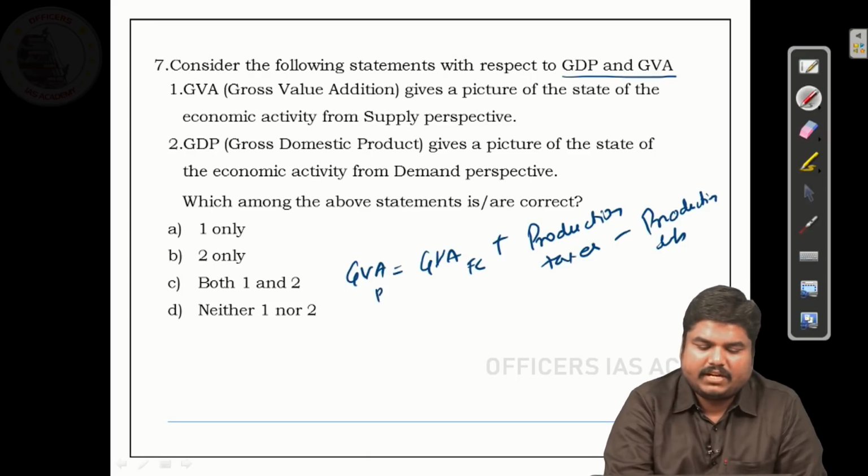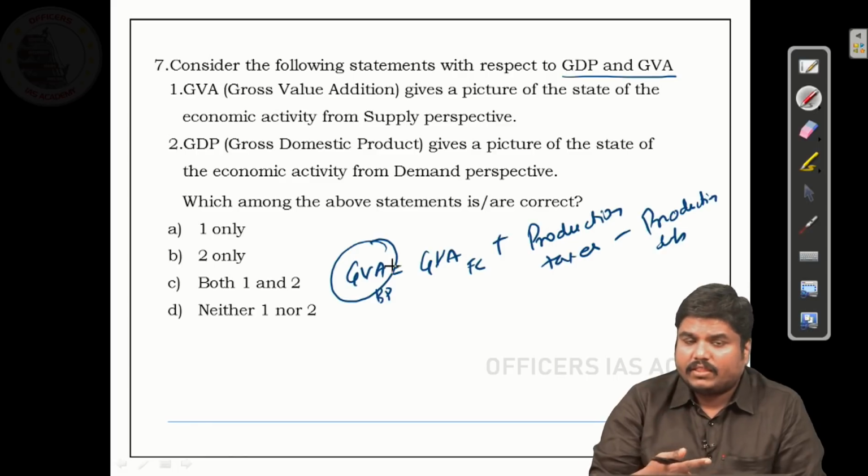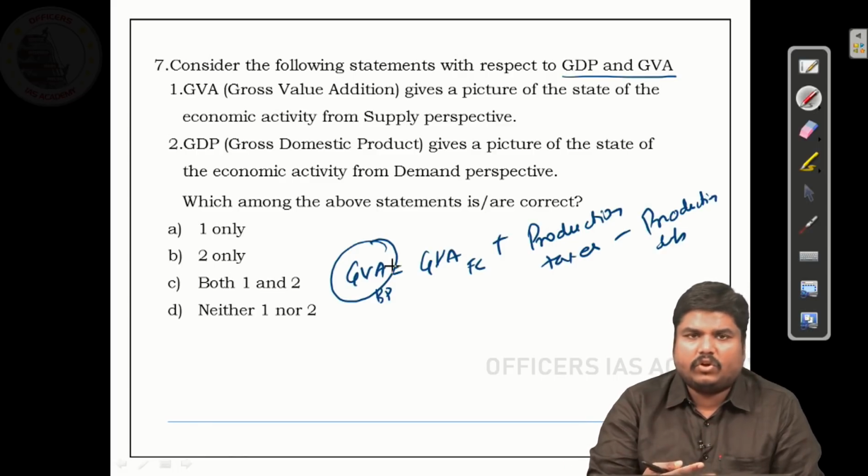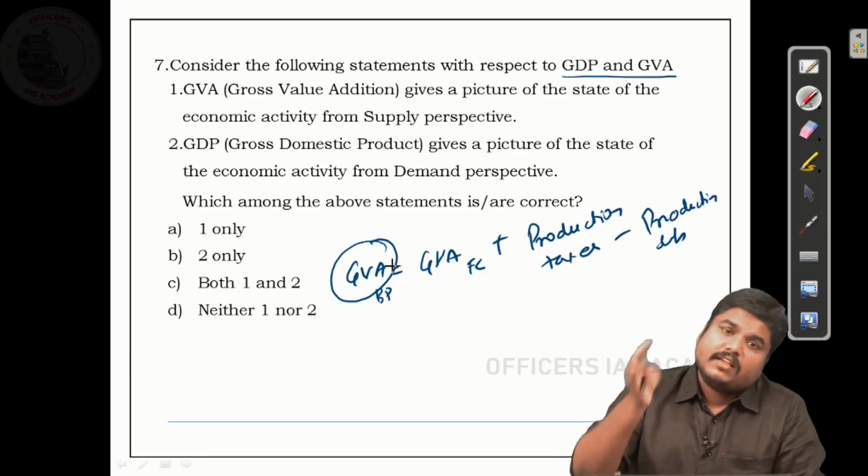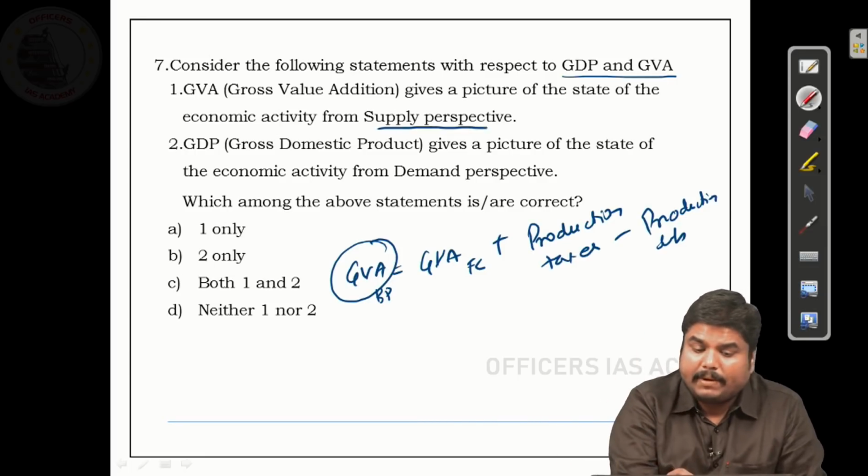This GVA, particularly at basic prices, gives the overall perspective from the factory point, from the supply perspective.